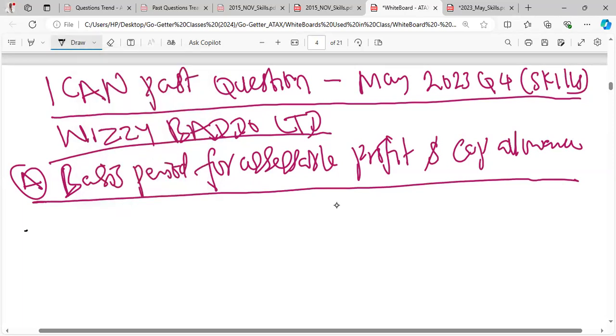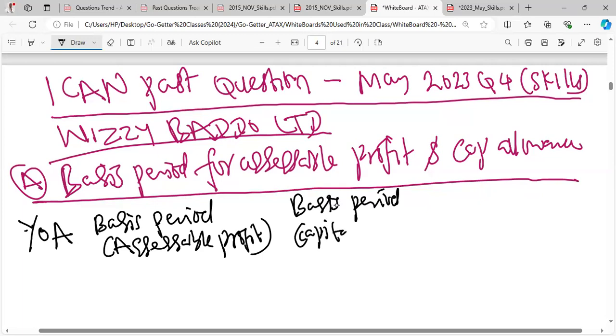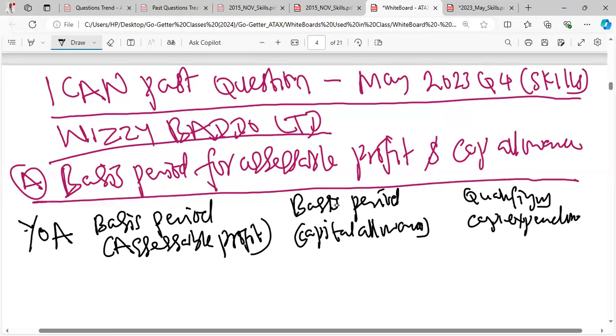We will start with year of assessment, basis period for assessable profits, basis period for capital allowance, and qualifying capital expenditure. So this is what we are going to do here.